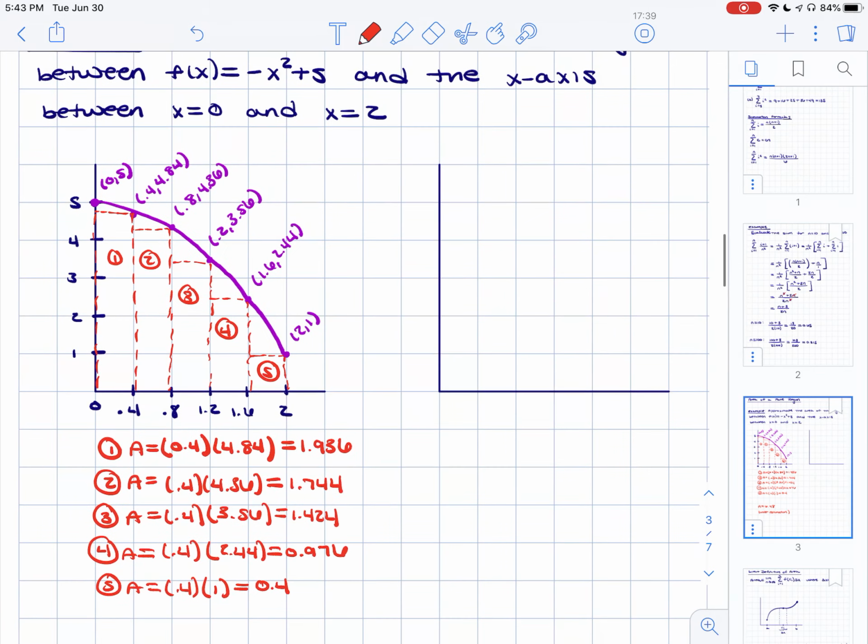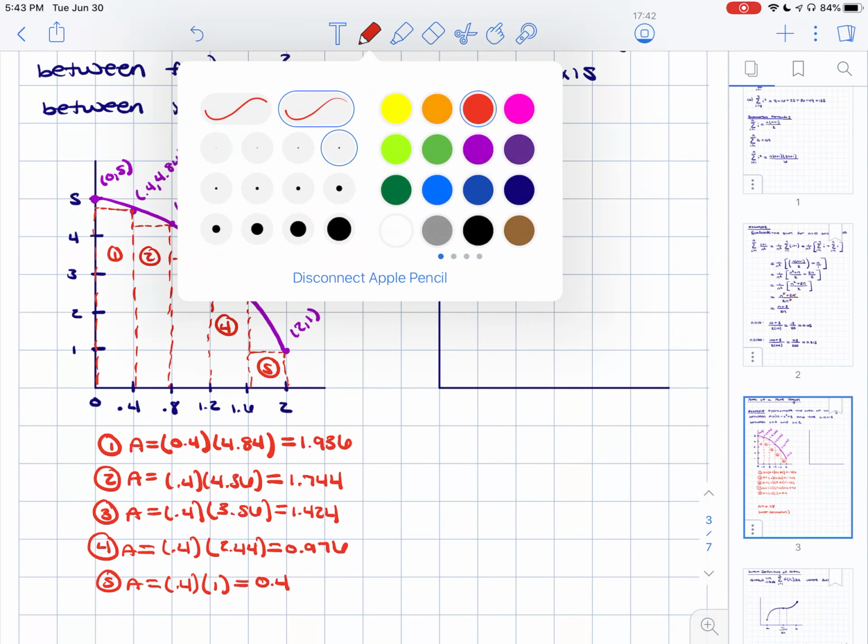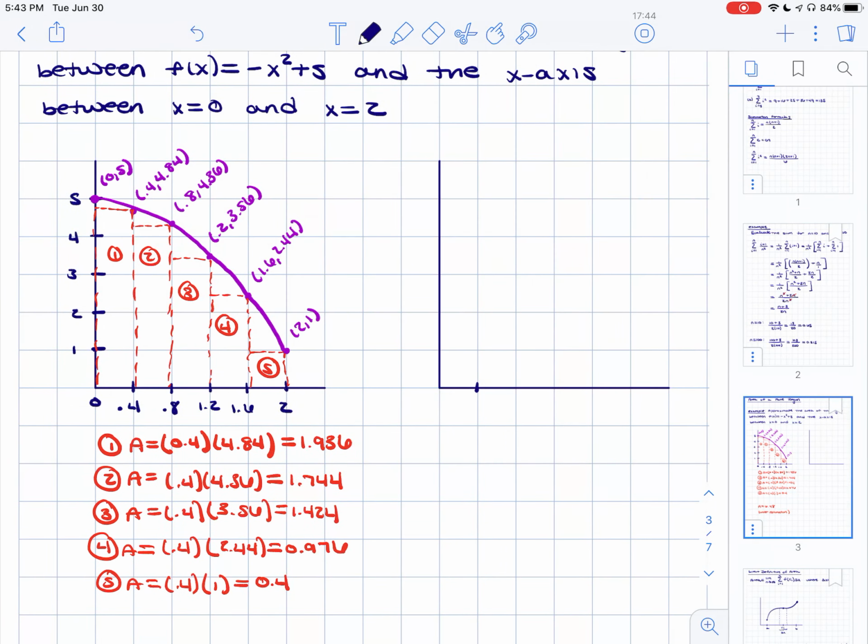Now another option would be to use the left endpoints to estimate this. So I'm again just going to sketch out this graph. I'm going to use the same 0.4 on my x-axis scale.